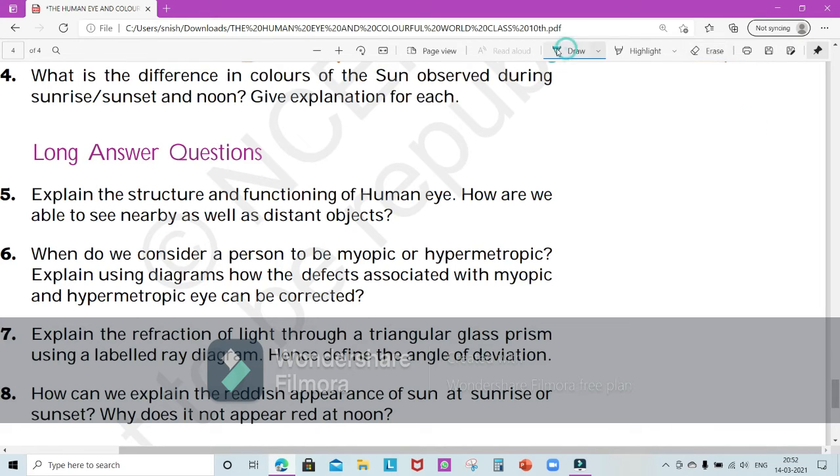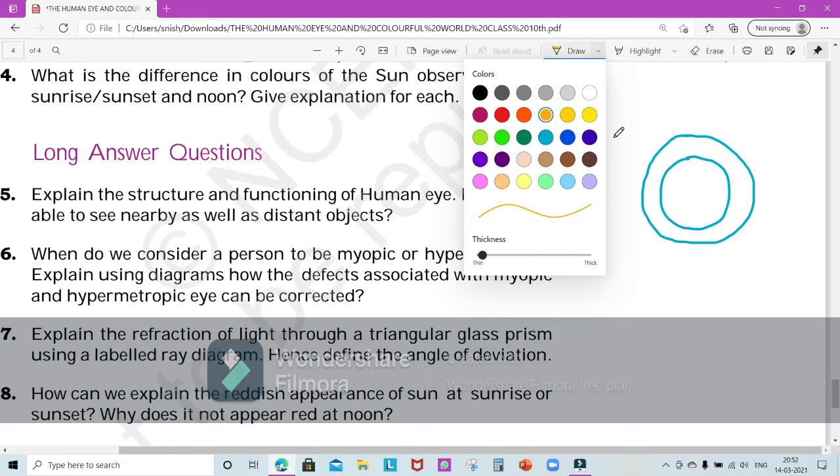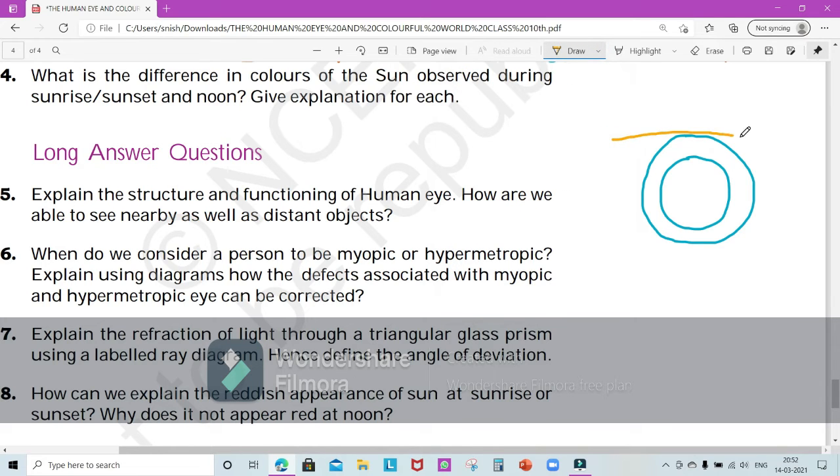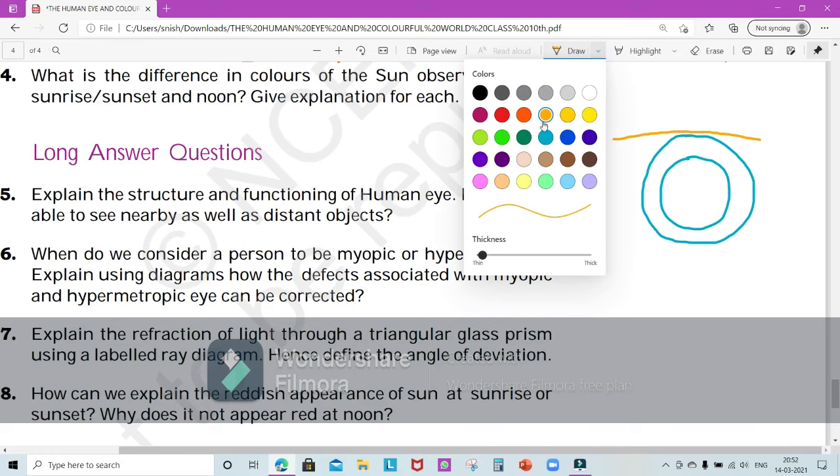First, you have to draw the picture. First draw our earth. We have an atmosphere, this atmosphere. Now you have to draw a horizon.